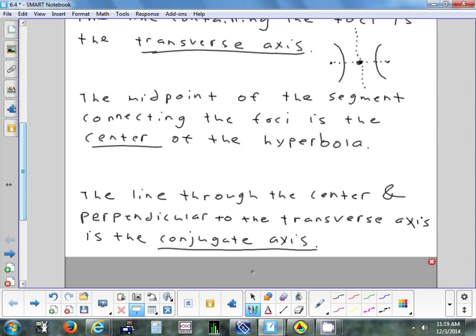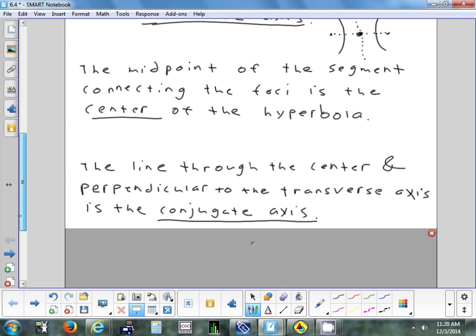It's perpendicular to the transverse axis and goes right through the center. Any question on the terms so far? Foci, transverse axis, conjugate axis, center.